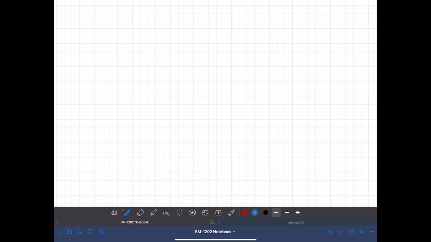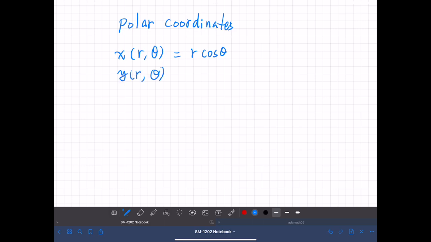And another important change of variable is the polar coordinates. In 2 dimensions, it's r and theta: x = r cosine theta and y = r sine theta. So this change of variable is very common. And the Jacobian is this.